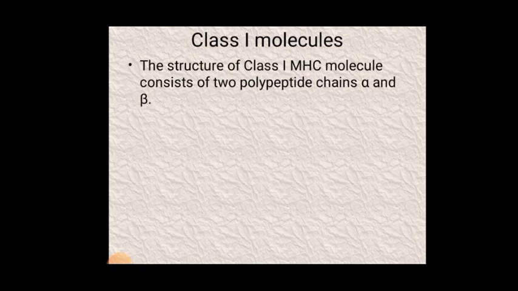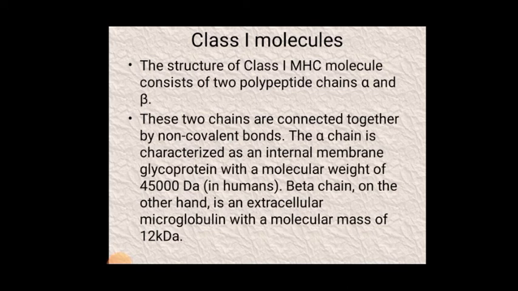When we discuss the structure of the class I MHC molecule, it mainly consists of two polypeptide chains, like those present in the T cell receptor of T lymphocytes, the alpha and beta. In the same way, this class I MHC molecule contains two different polypeptide chains, alpha and beta, which means it is a heterodimer.